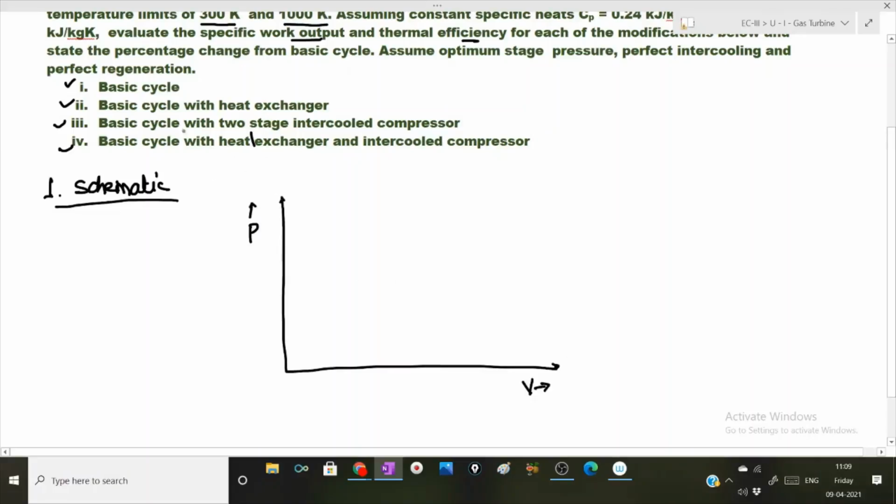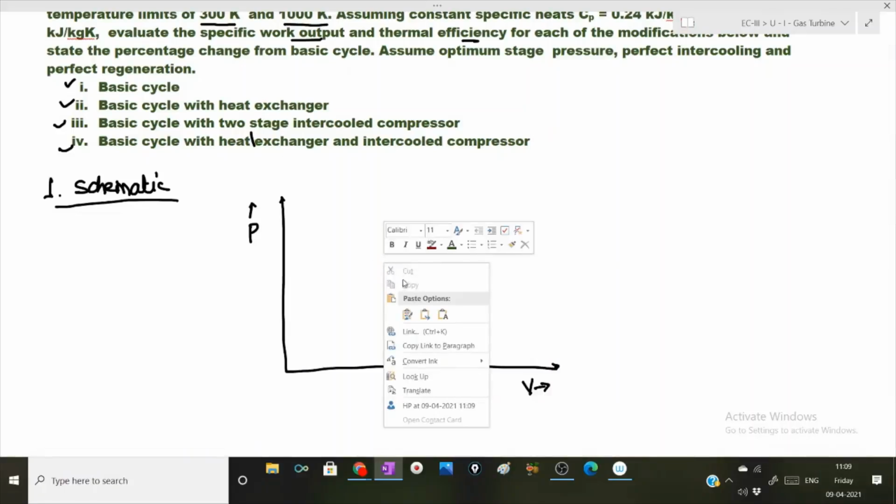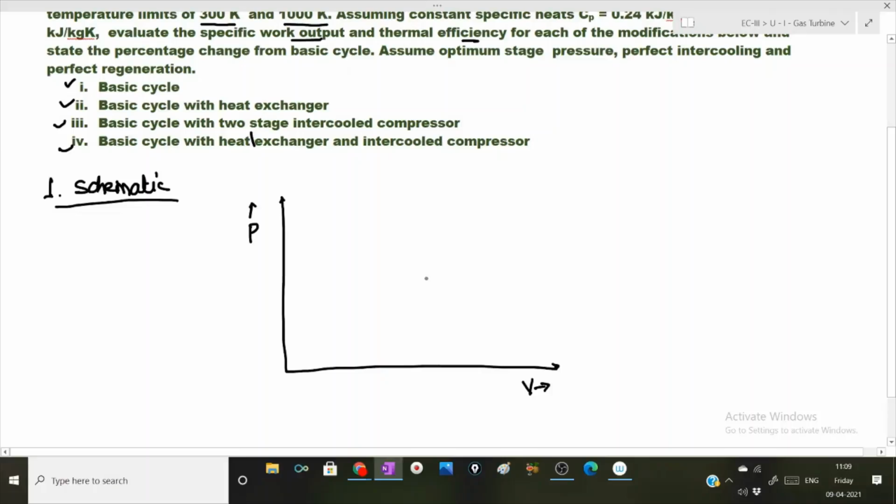So the very first cycle represented is basic cycle. Oh sorry, it is not PV diagram. I am representing it on TS diagram.